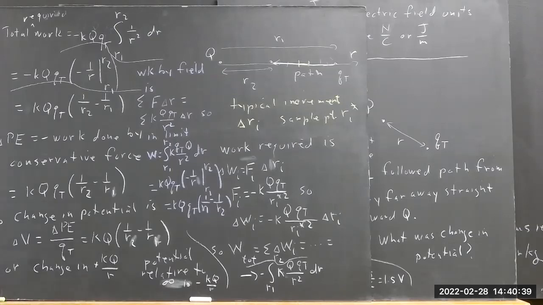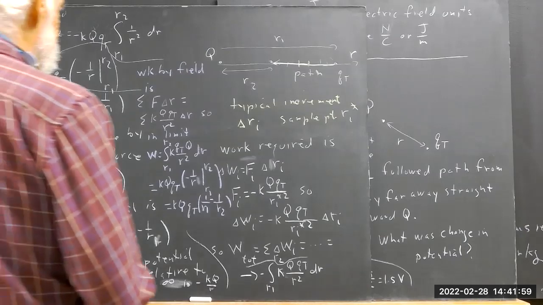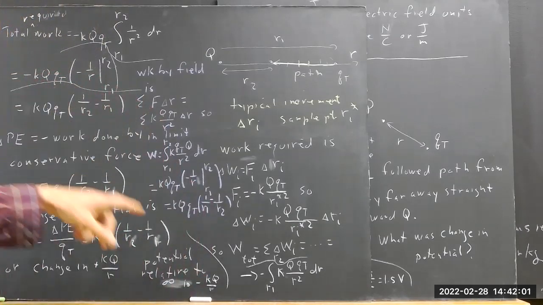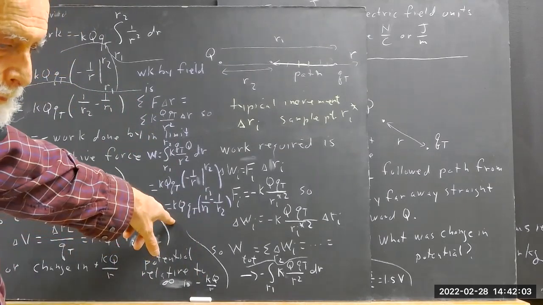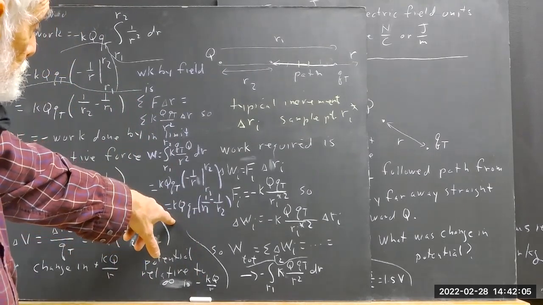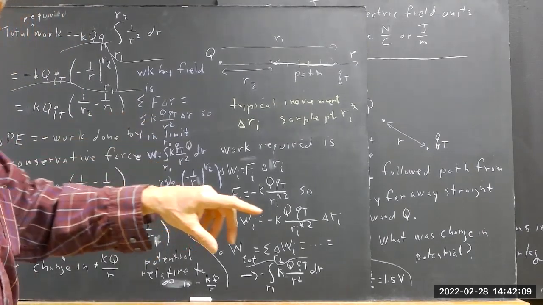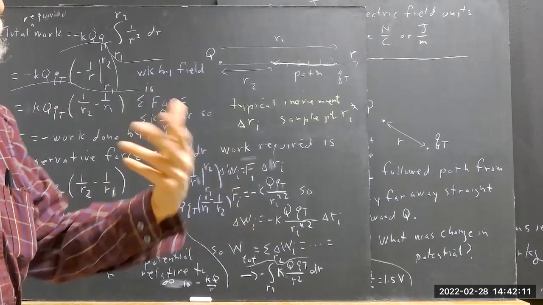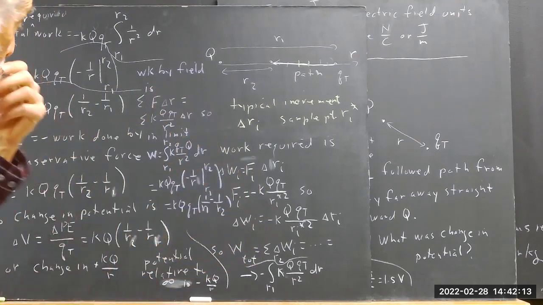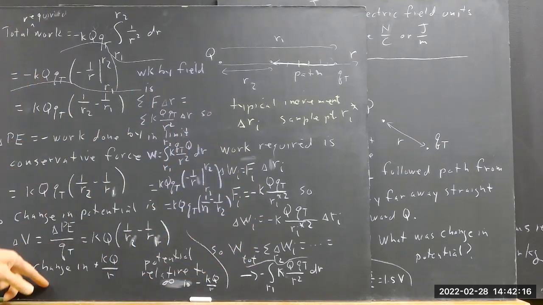So I'm coming to the same conclusion I came to before. Again, this is the work done by the conservative field. The negative of this is your change in potential energy. Potential energy change is equal and opposite to the work done by the conservative force. So all this is correct.